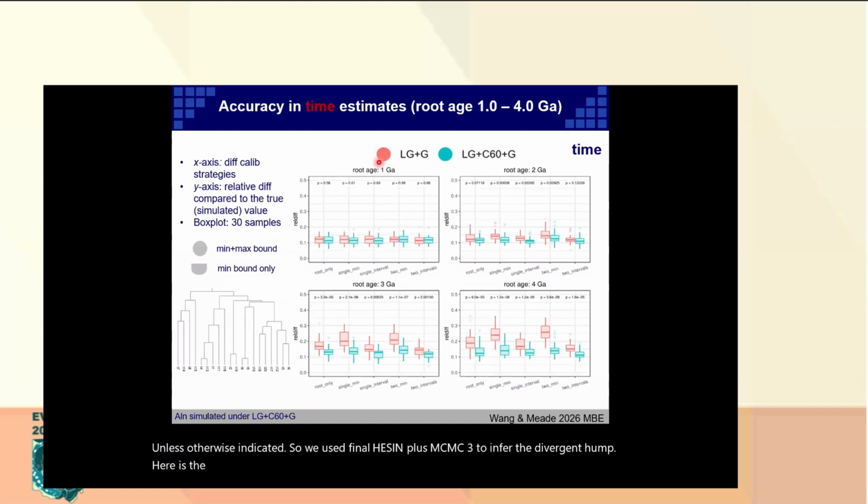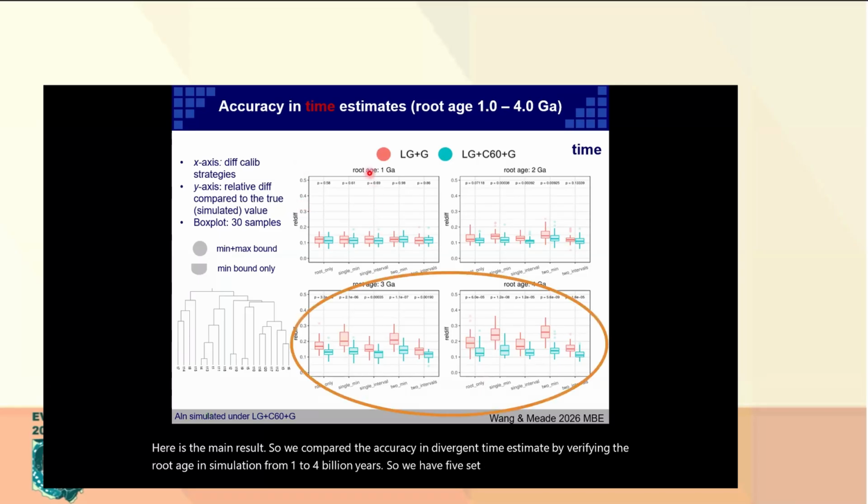So we compared the accuracy in divergence time estimate by varying the root age in simulation from 1 to 4 billion years. So we have five sets of calibration strategies. So let's focus on the last two, which is the root age of 3 and 4 billion years ago.